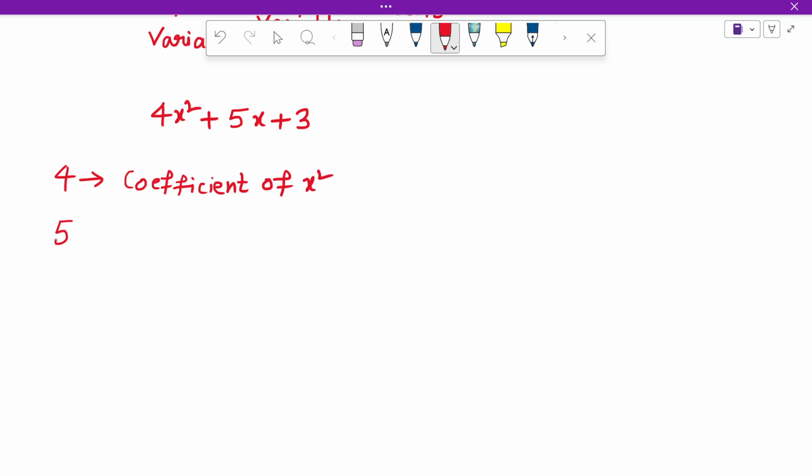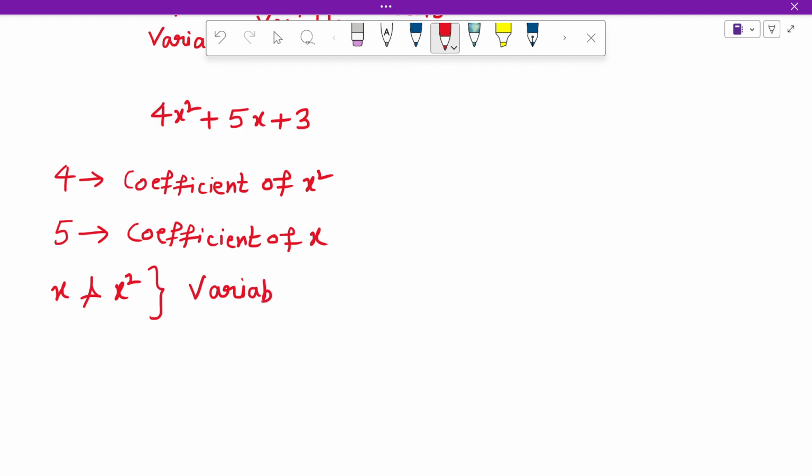And what is 5? 5 is the coefficient of x. And what are x and x square? Both of them are variables, right? And what is 3? 3 is nothing but the constant, right? 3 is constant.